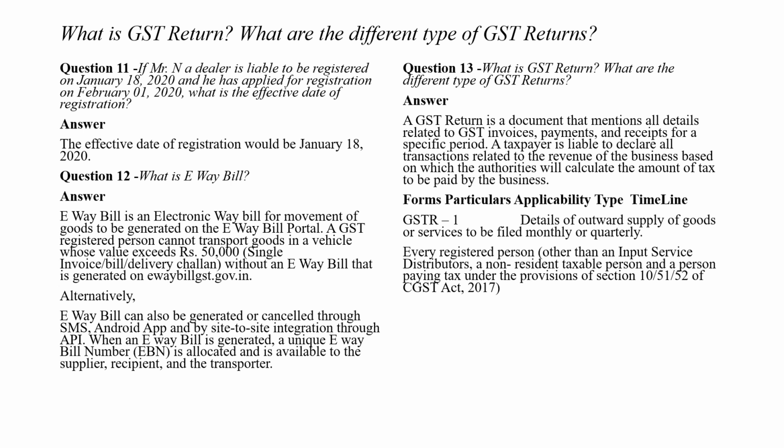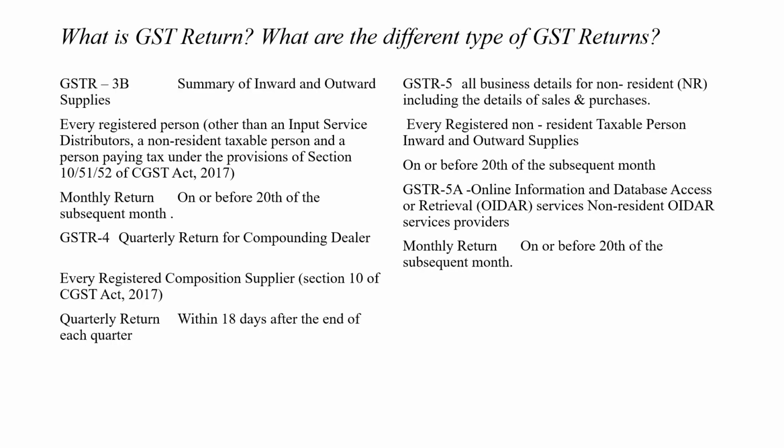Every registered person other than an input service distributor, a non-resident taxable person, and a person paying tax under the provision of section 10, 51, 52 of the CGST Act, 2017.